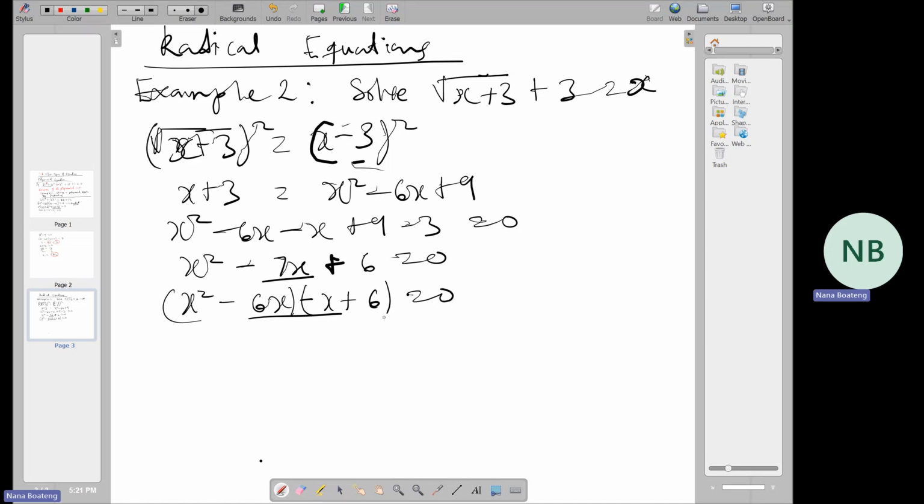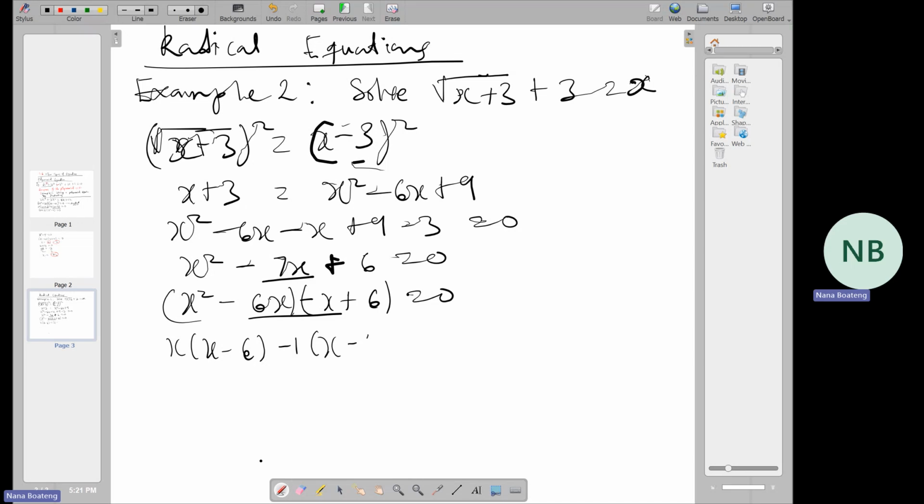For the first part, we can factor x out. So if we factor x, we have x times x minus 6. And for the second parenthesis, we can factor negative 1 out. So negative 1 times x minus 6 is equal to 0.